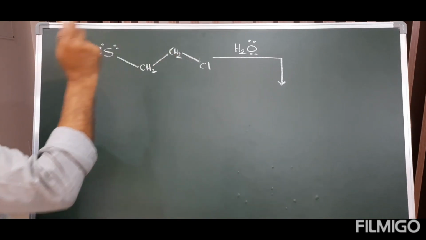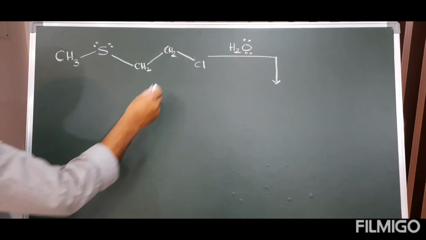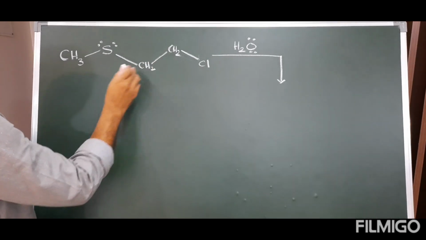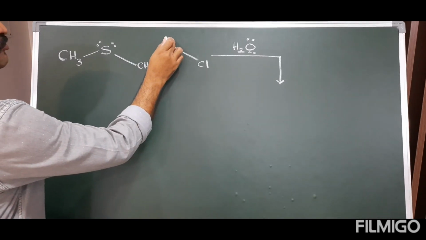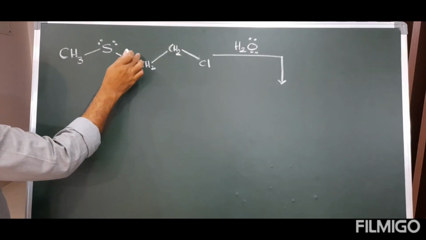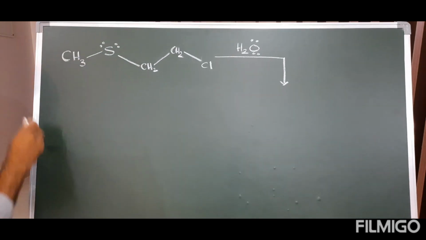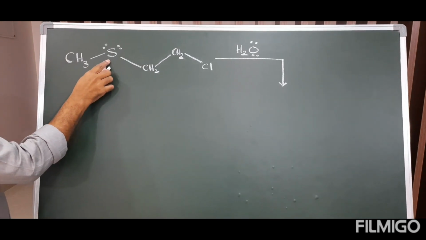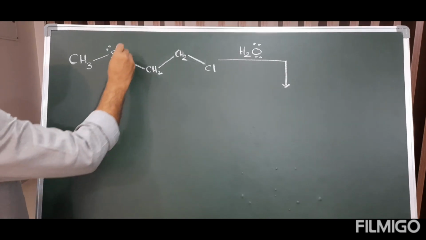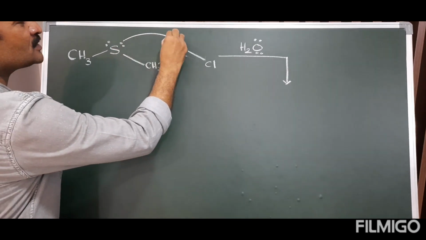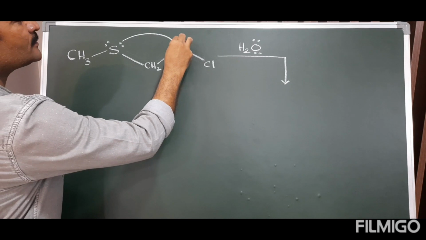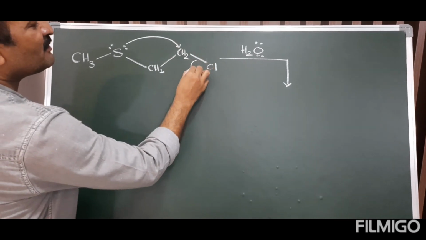I want to hydrolyze this reactant. If you observe this reactant, position number 1, position number 2 and position number 3: position 3 also has a lone pair. So this lone pair will attack this carbon and facilitate the leaving of the chlorine.